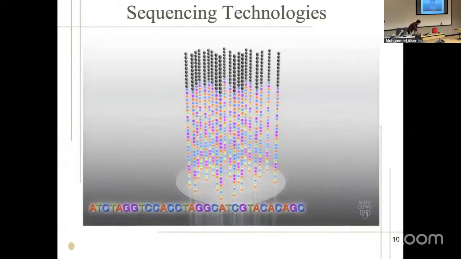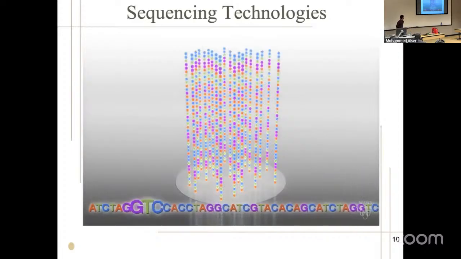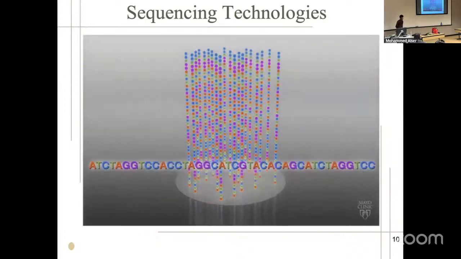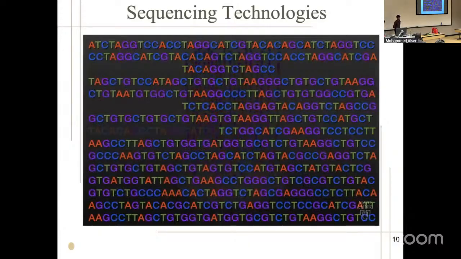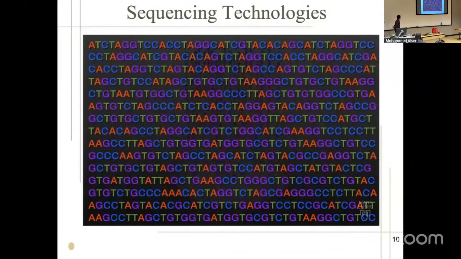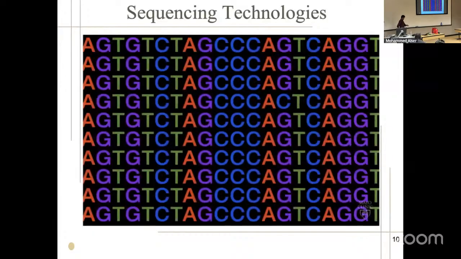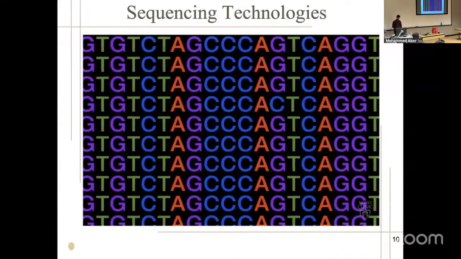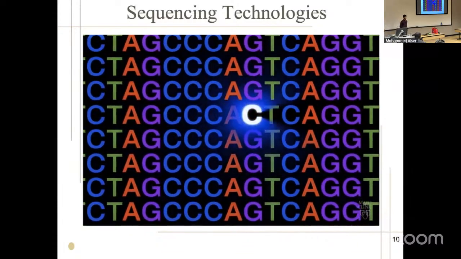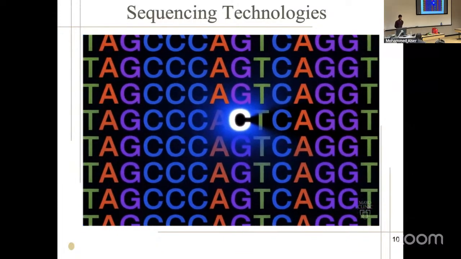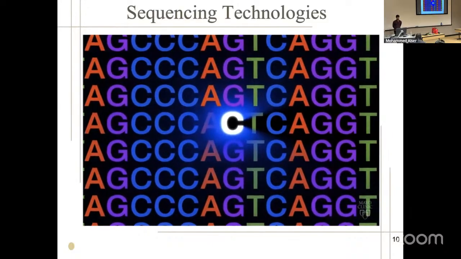Special sensors within the machine detect the different colored tags. This sequence of colors reveals the DNA sequence of each fragment. Powerful computers piece together these individual DNA fragments and reveal the sequence of your DNA. Then a team of medical experts uses specialized software to analyze and compare the DNA sequences to identify the handful of variants that may be important for your medical care.